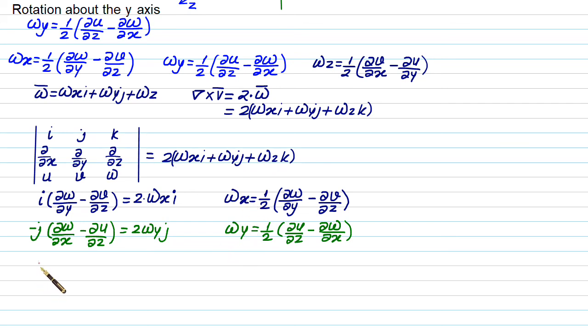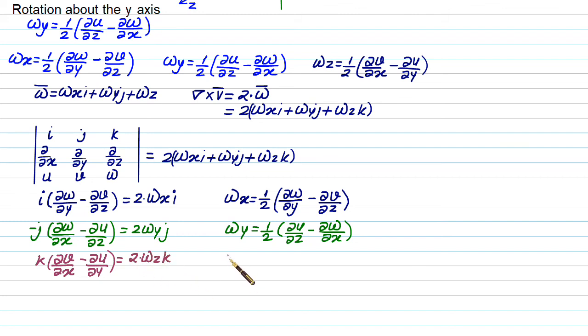Let's check the k component. For the k component you have to take the partial derivative of v with respect to x, so we will get del v by del x. The second value, the minus term, is del u by del y. And this time equate with 2 times omega z k.